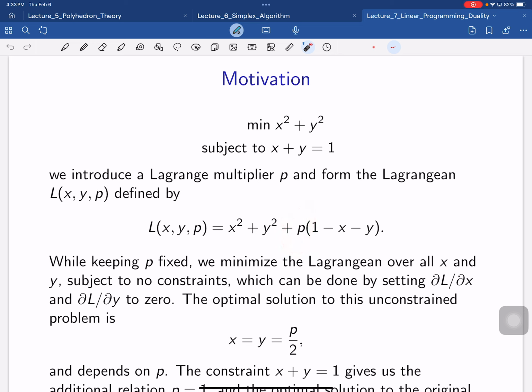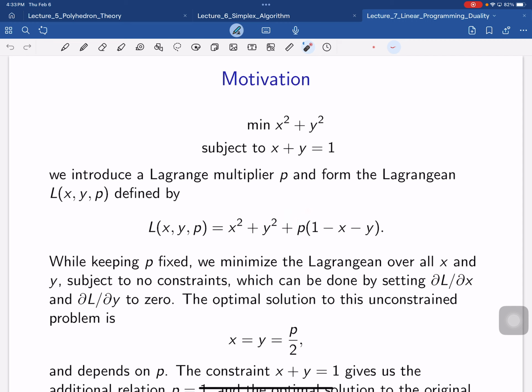You can think about p as the price of violating this single constraint. Now you change the problem to the following form. This is called a Lagrangian function, where you have the original objective plus p times (1 minus x minus y). This term is the violation of the constraint. If you violate that constraint, you pay a price p.